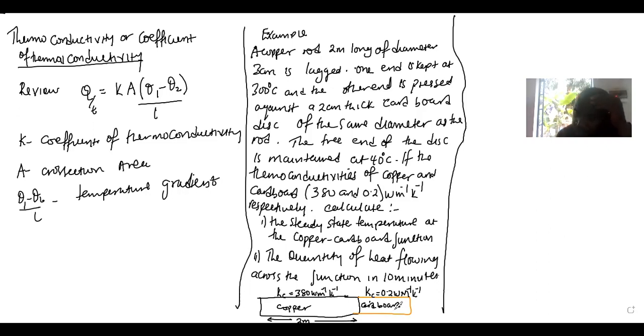They say it is pressed against a 2 centimeter thick cardboard disc of the same diameter. So if it has the same diameter, then the cross-section is the same, and the cardboard is 2 centimeters thick.